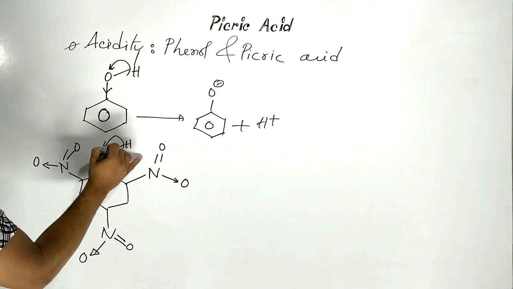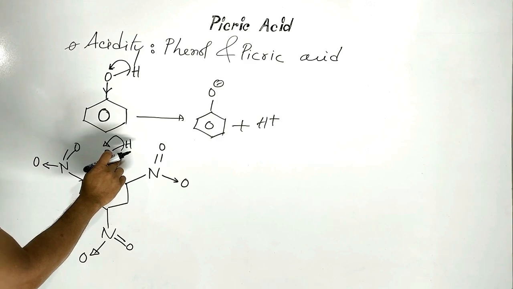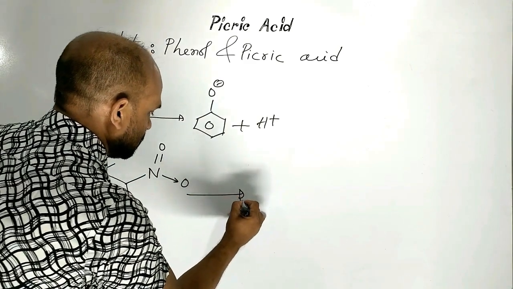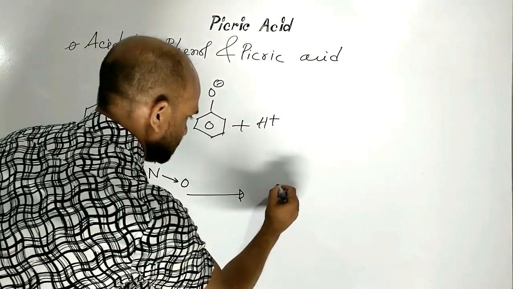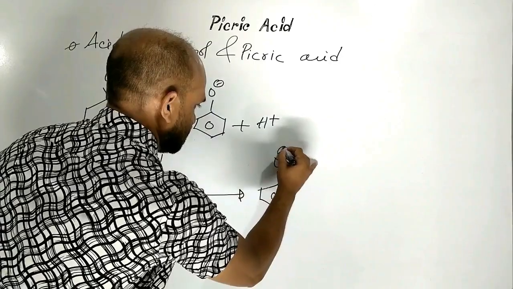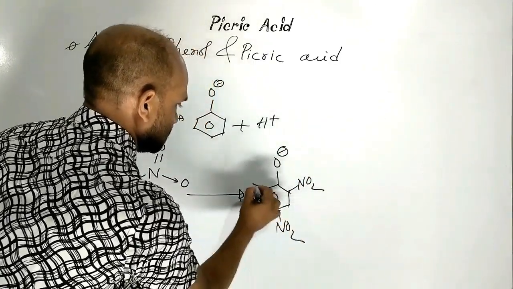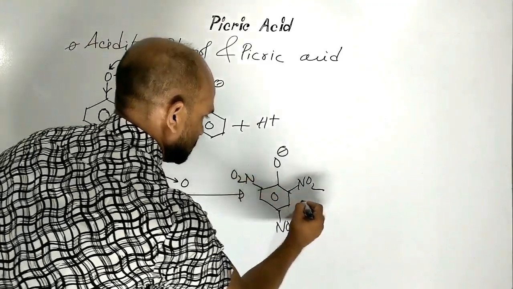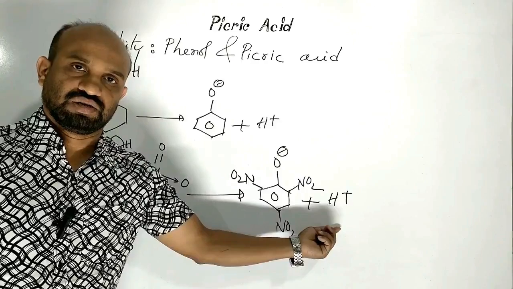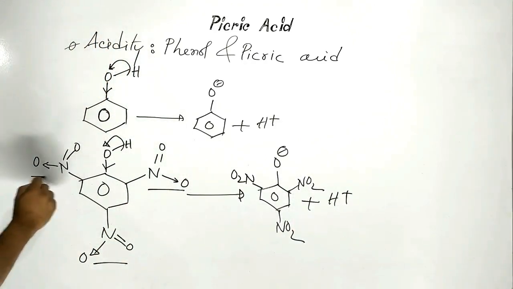This oxygen-hydrogen bond undergoes heterolytic fission more easily than phenol. That is why from picric acid, proton is formed more easily because of the presence of three nitro groups.